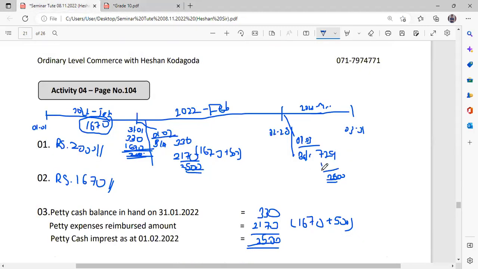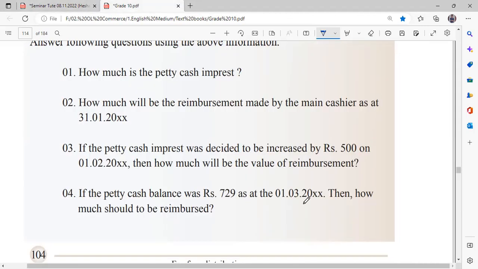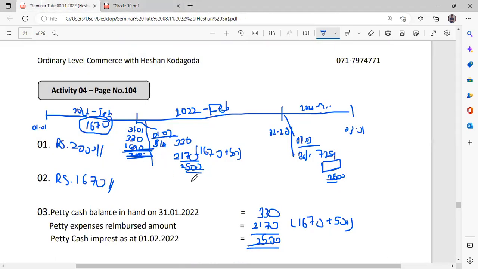Now we need to identify the total amount that should be reimbursed by the main cashier to the petty cashier, which means 2,500 minus 729, which means 1,771, which means during the February month the petty cashier paid 1,771 worth of petty cash expenses, right?